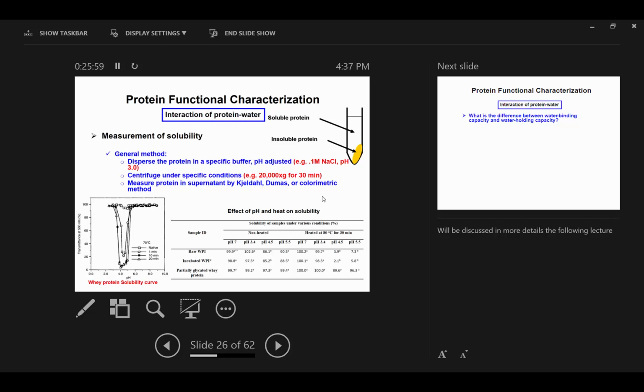However, the glycated protein, even at the isoelectric point, is still 90% or higher soluble. So this showed you the effect of modification on solubility at different pHs. So that's an example where solubility is used to look at the impact of modification. In this example, modification resulted in improved solubility at the isoelectric point, even after heating.